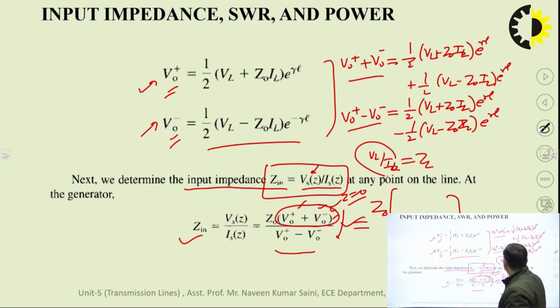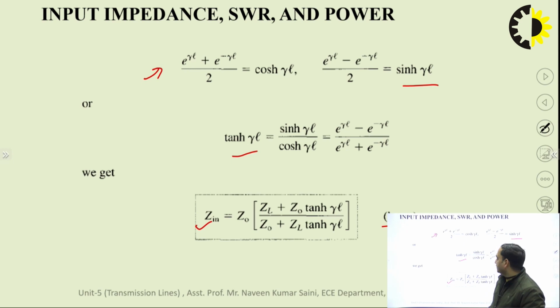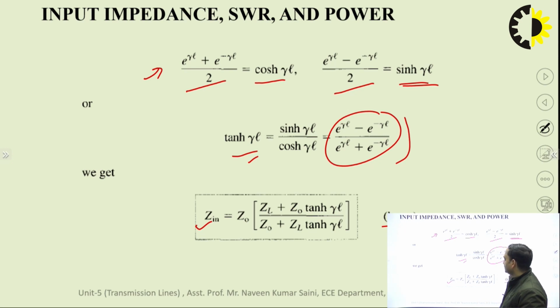So we will get the term VL upon IL, which will be ZL, and we club the equations in such a way that we get an expression with e to the power gamma L plus e to the power minus gamma L. Where we find this, we put it as cos hyperbolic gamma L, and when we find the expression e to the power gamma L minus e to the power minus gamma L divided by 2, in place of this we put sin hyperbolic gamma L. So when we do some calculations or rearrangements, we will find tan hyperbolic gamma L will be equal to this one, and in place of that expression we can put tan hyperbolic gamma L. So please practice this one, things are very easy.